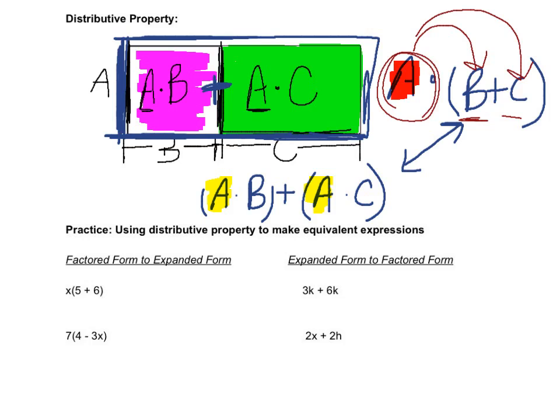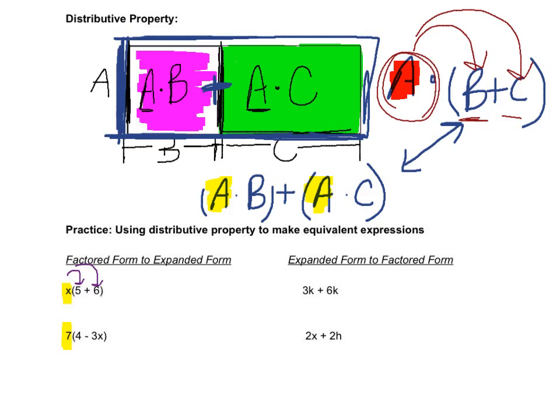Another way to say that is to distribute that. That's why it's called the distributive property. So here we have a variable and we have a number that is outside, and just like in the above example, when the A was outside, we need to share it with what's on the inside. So the X is going to be shared with the 5 and shared with the 6.